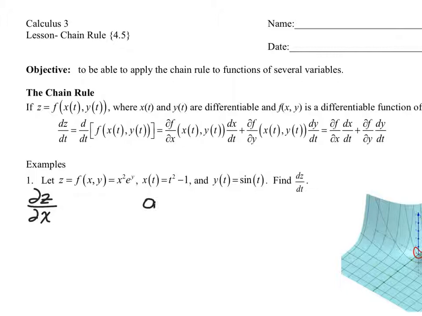I'll leave a little space and write or. If I find the partial with respect to x, I could then find the derivative of whatever that x function is with respect to t.